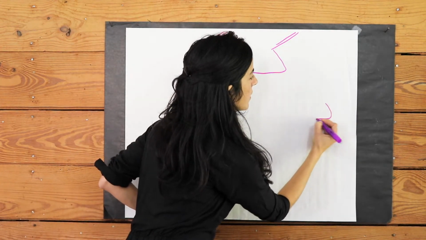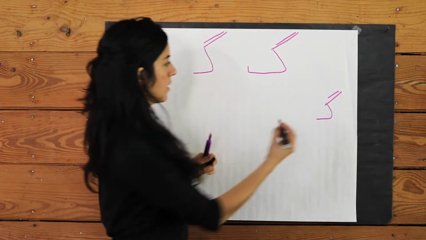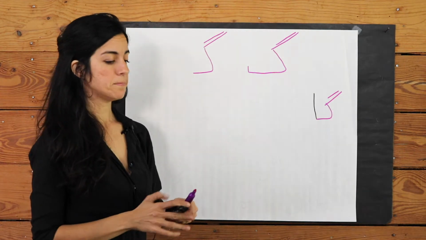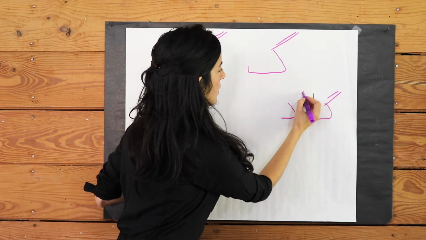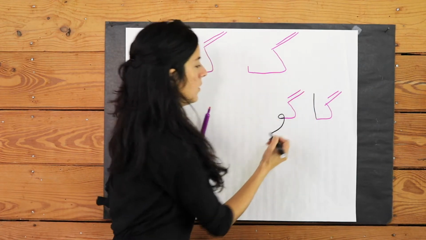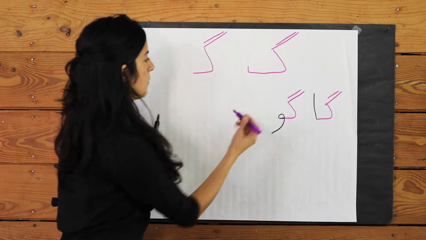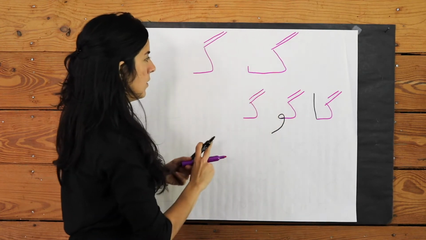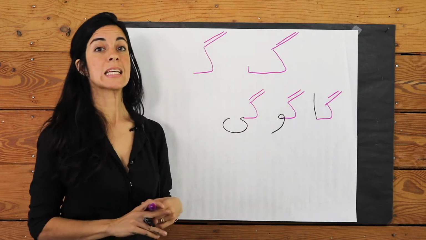First, ge combined with a, ga. Ge with u is goo. Ge with e is gi.